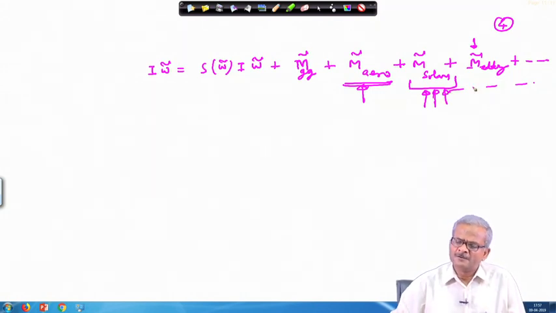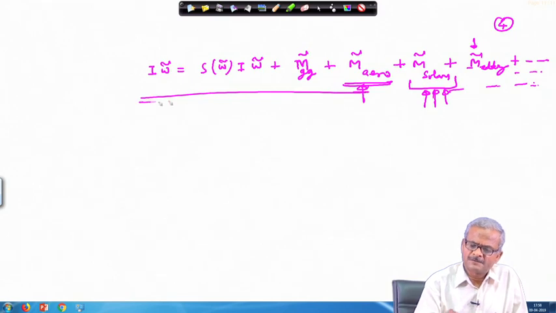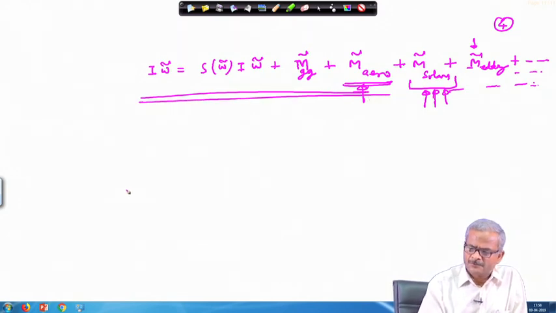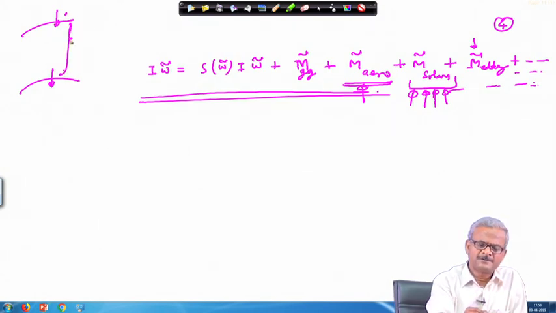All disturbances whatever you can add here in this place, and this gives you the satellite attitude dynamics problem. Now, whichever is significant: if you take M solar radiation pressure at the geostationary height, it will be almost constant, because as compared to the distance of the earth from the sun, this distance is not very large. We will come to this problem later on.